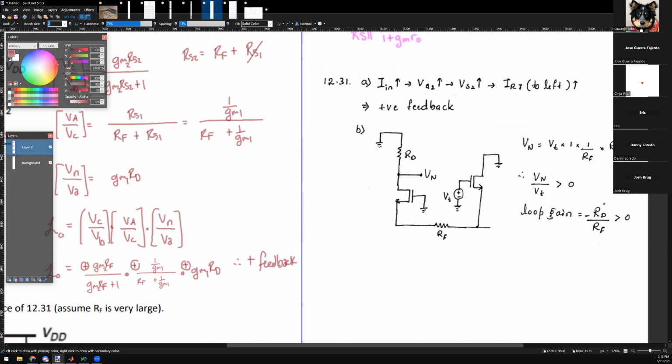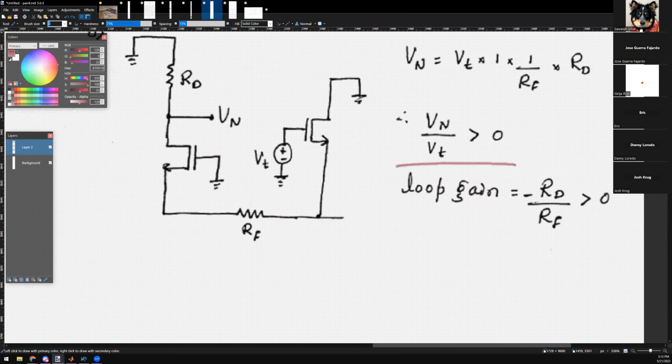What is he saying? This is negative, therefore it's positive? It's greater than a negative number, which is the same thing as saying positive? Loop gain is greater than the negative number or greater than 0. That's why it is positive feedback. No, no. Let's suppose this is true, like this is the definition, so I'm going to put these two dots to emphasize it's a definition. It's saying that this is greater than 0. Isn't that blatantly wrong?